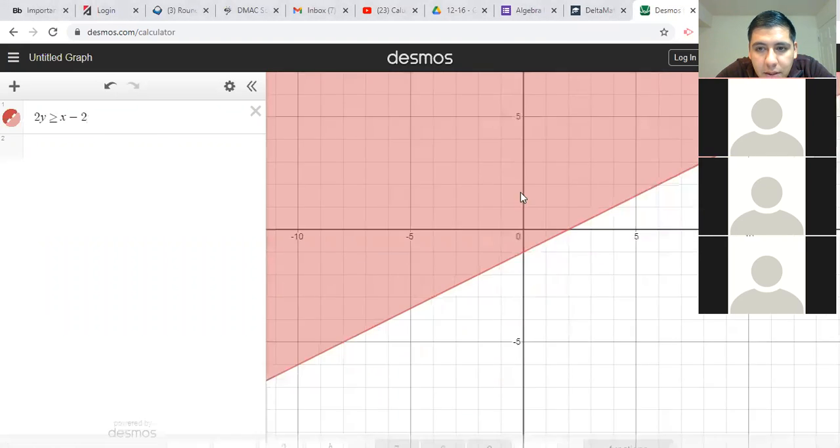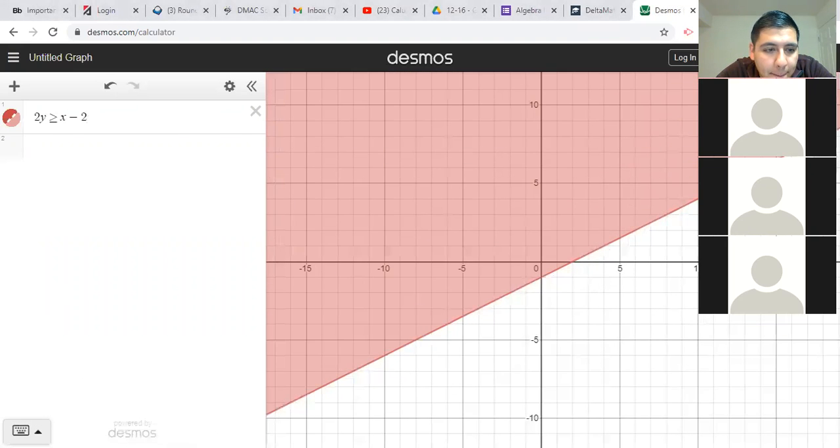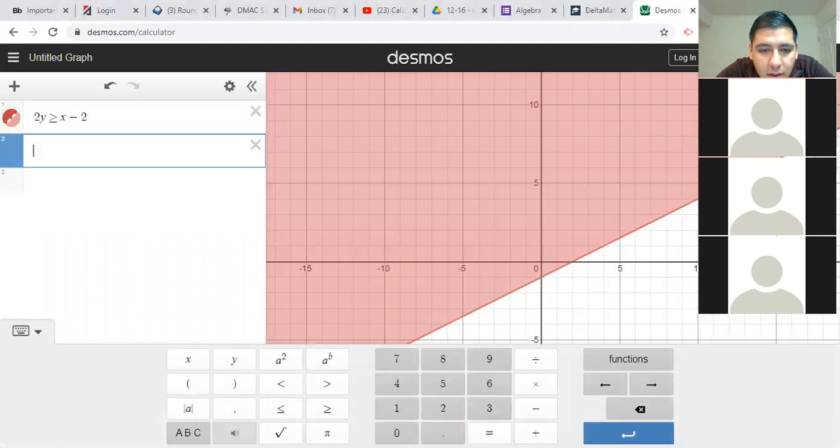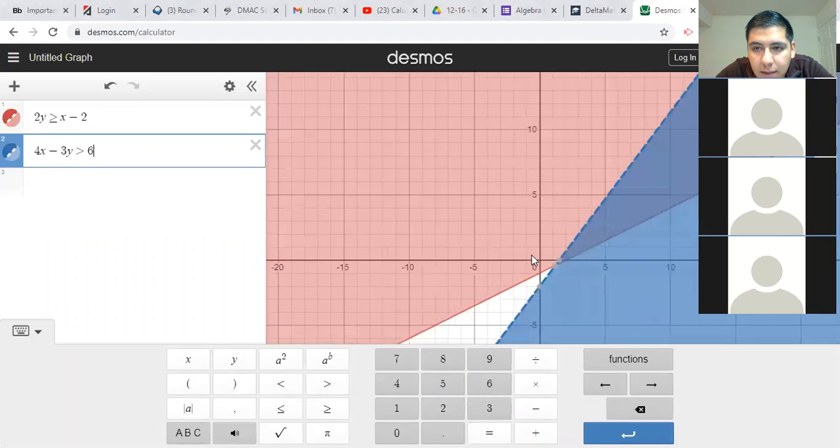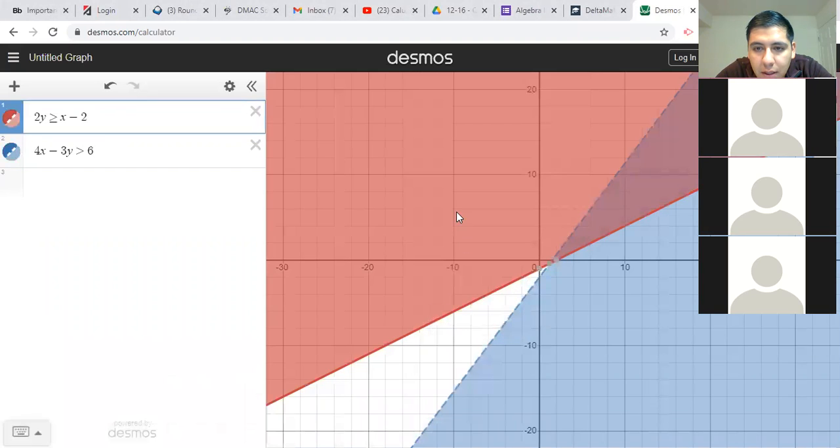So it gives you that with the shading and everything. And we start another one, 4x minus 3y is greater than 6. And it even gives you the dotted line and everything.